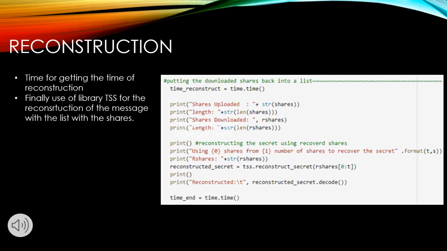The line reconstructed_secret equals TSS.reconstruct_secret uses the list rshares, which is the list that contains the shares that we downloaded previously from the files on the cloud storage bucket. With this list we can reconstruct the message and print it as shown below.